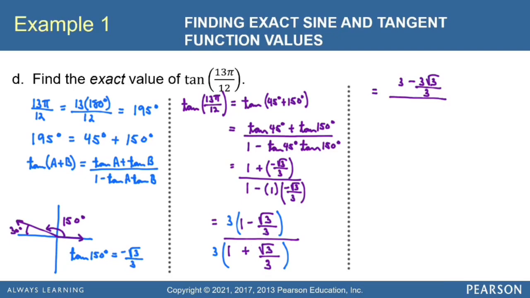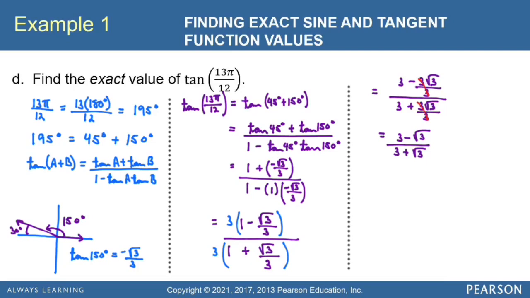Now for the denominator, distributing this 3, we have 3 times 1 is 3, and then plus 3 times this fraction, which is 3 square root of 3 over 3. In both top and bottom, these 3's will divide out, so that will cancel out our little fractions here, and that will leave us with 3 minus square root of 3 over 3 plus square root of 3.